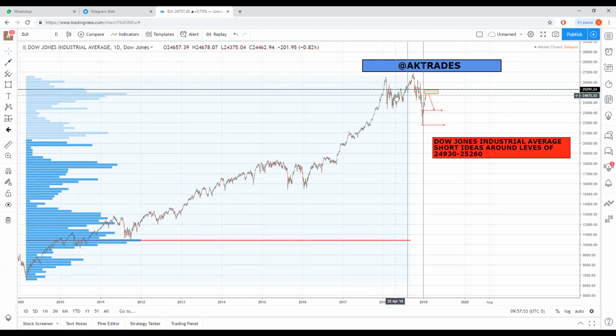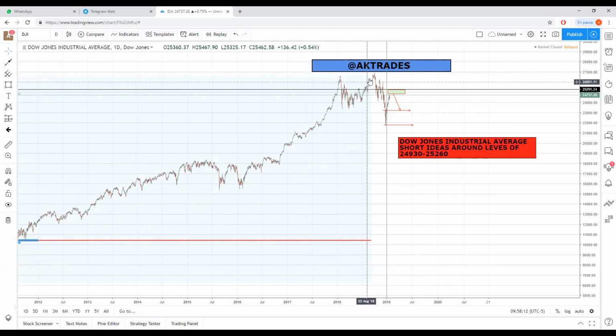So what we can figure out from this is this. In this structure, in this double top, all the volume accumulated was short selling volume.